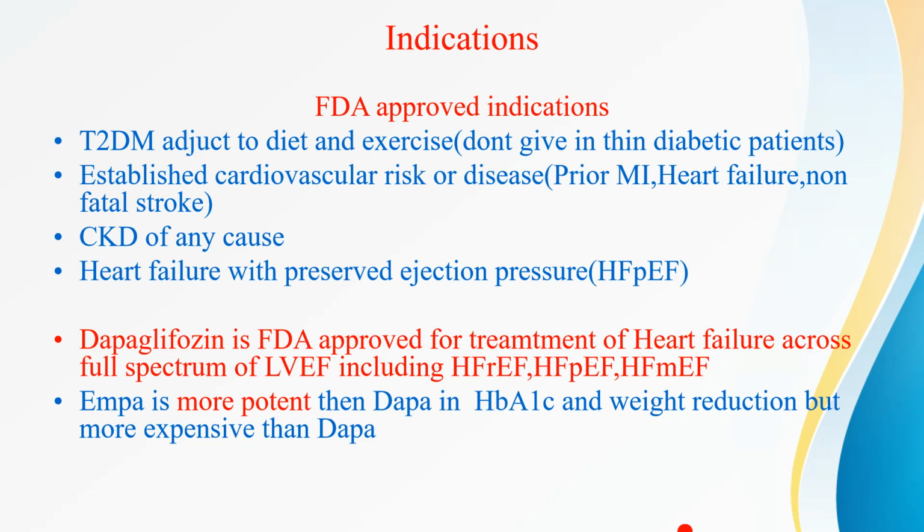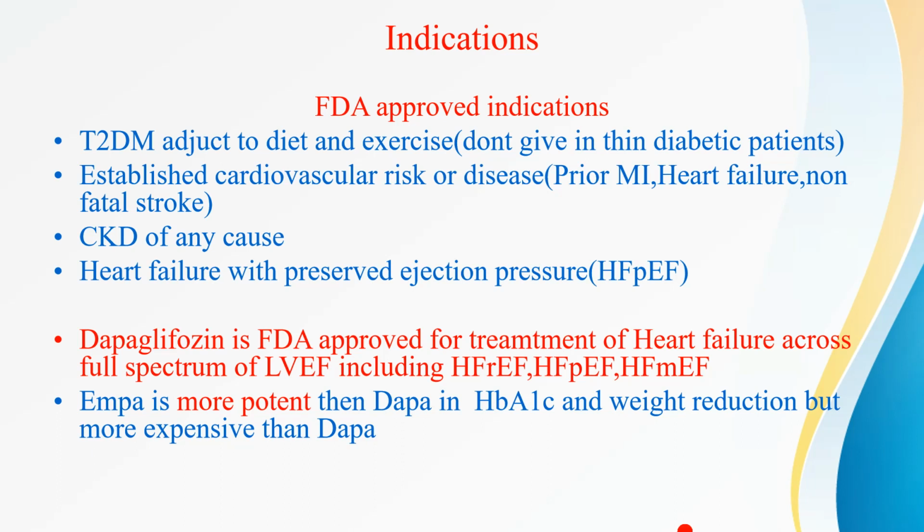They can be used in patients who have an established cardiovascular risk or disease, for example patients with prior myocardial infarction or heart failure or non-fatal stroke. We should avoid these drugs in CKD patients, especially if they have a very low GFR, that is less than 30. They can be used in heart failure with preserved ejection fraction.